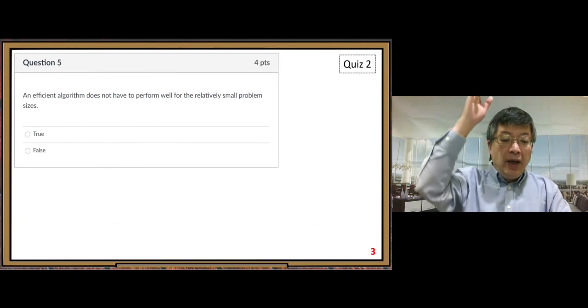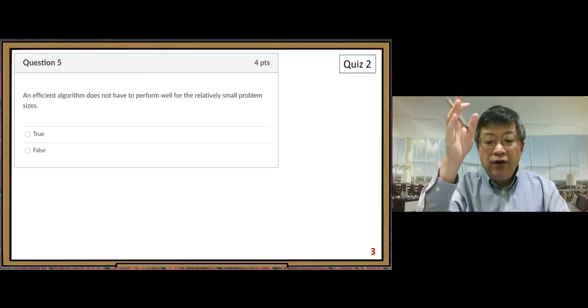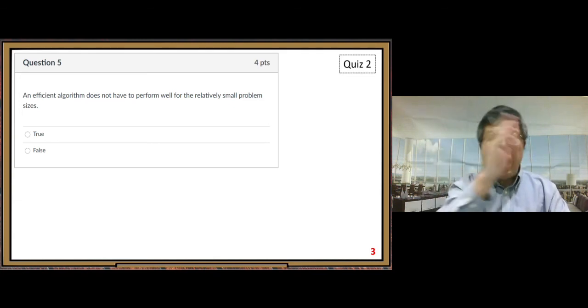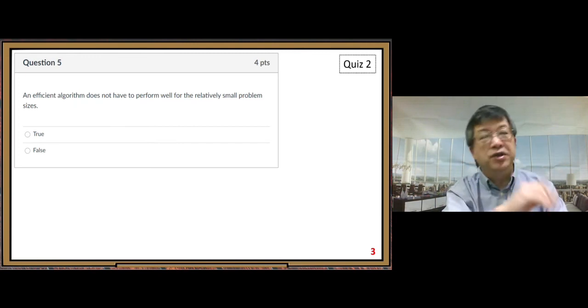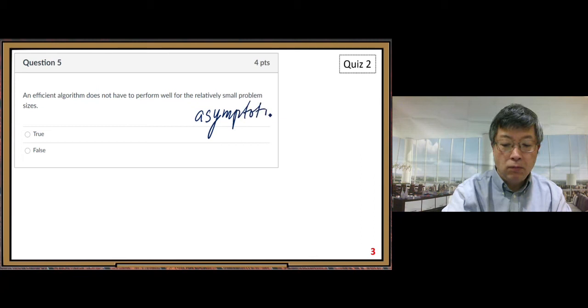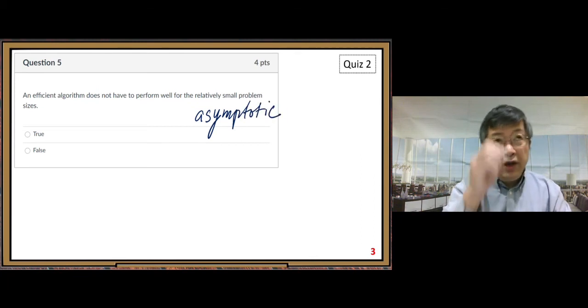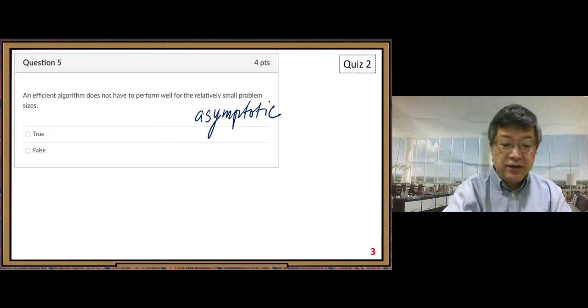Next one. An efficient algorithm does not have to perform well for relatively small problem sizes. This one checks your understanding of a critical point for asymptotic notation. When we talk about asymptotic notation, we say n greater than n0, right?